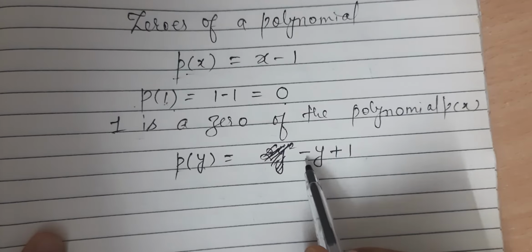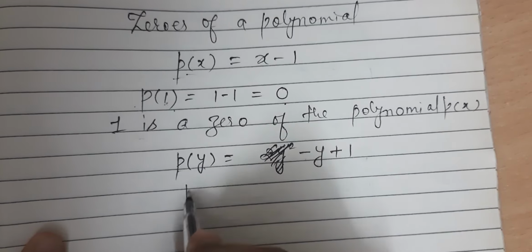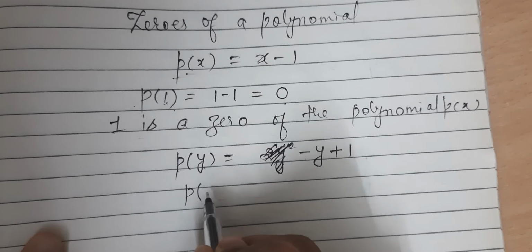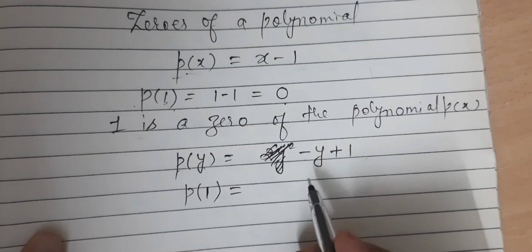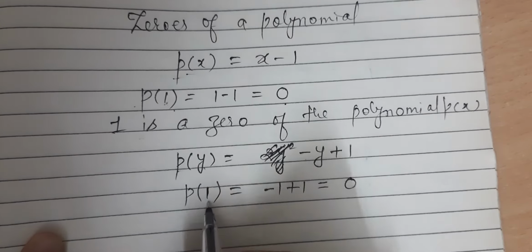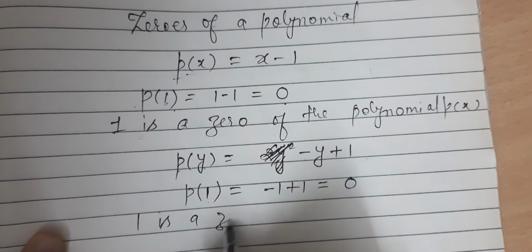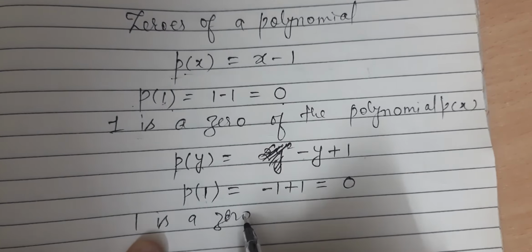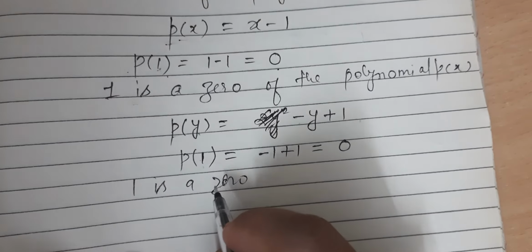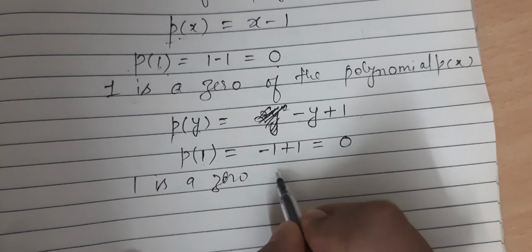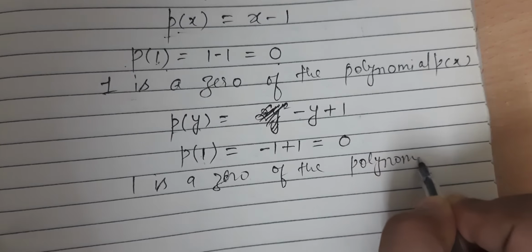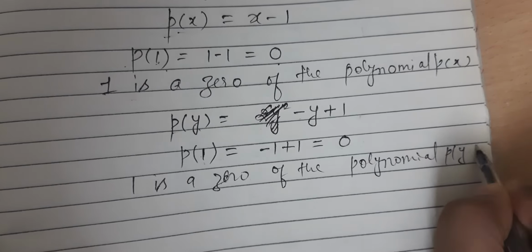So if p(y) equals minus y plus 1, if I say find the value of this polynomial at y equals 1, then you will get minus 1 plus 1, which is equal to 0. It means 1 is a 0. Because of 1, the polynomial becomes 0. Okay, because of putting y equals 1, the polynomial becomes 0. So 1 is a 0 of the polynomial p of y.